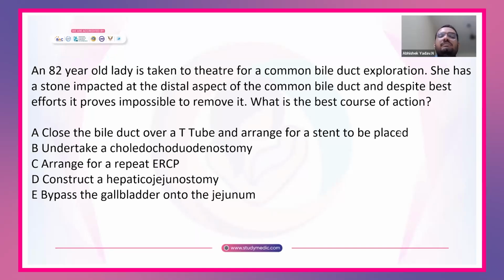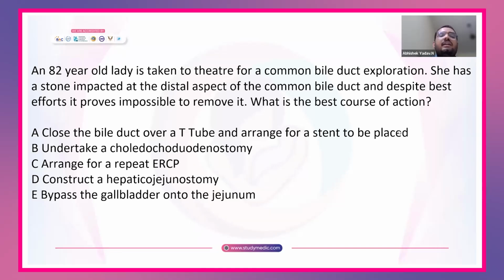Either you close the bile duct over a T-tube and arrange for a stent to be placed, undertake choledochoduodenostomy, arrange for a repeat ERCP, construct a hepaticojejunostomy, or bypass the gallbladder onto the jejunum. Among these, the T-tube and arranging for a stent to be placed is impossible. Arranging for a repeat ERCP when surgery has failed is not a good idea.